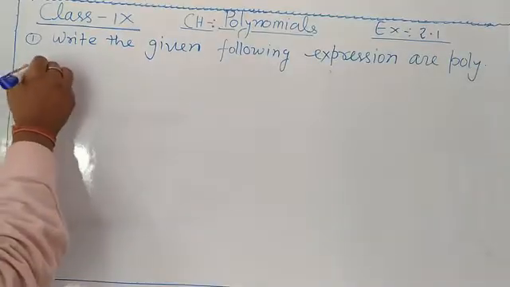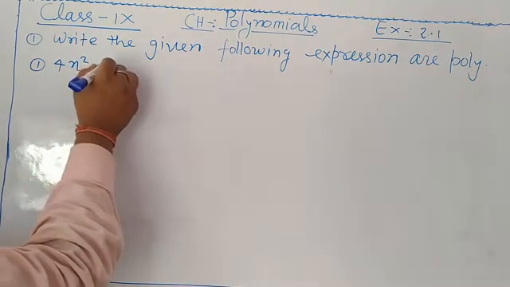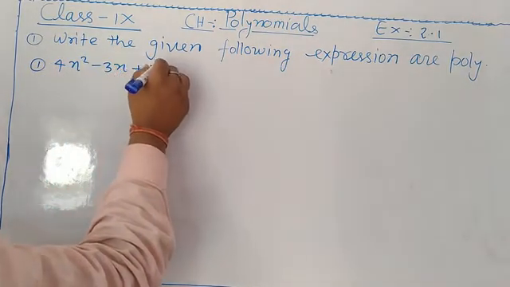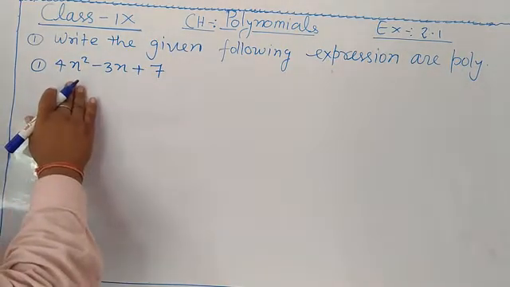The first expression is 4x square minus 3x plus 7. Okay student, this is a polynomial.